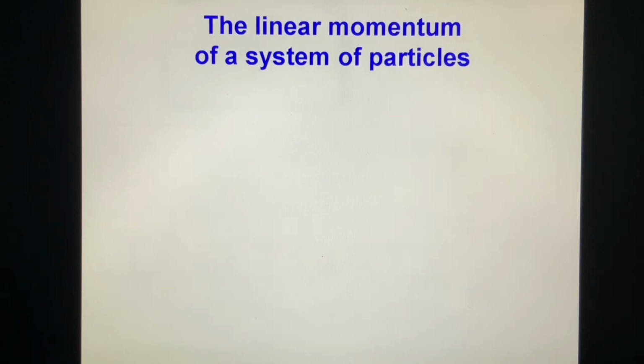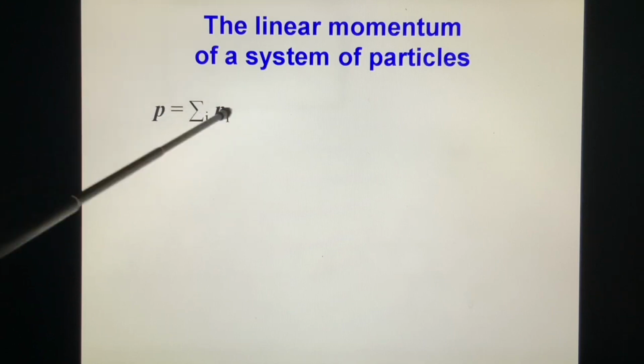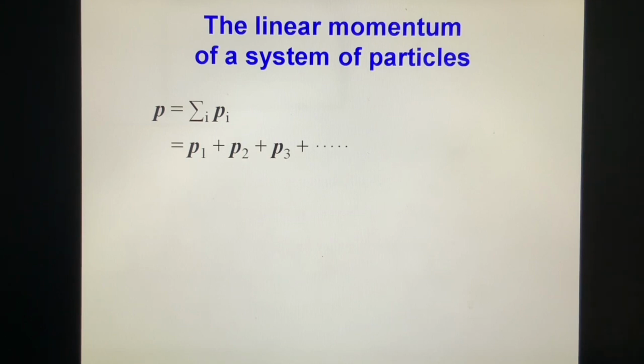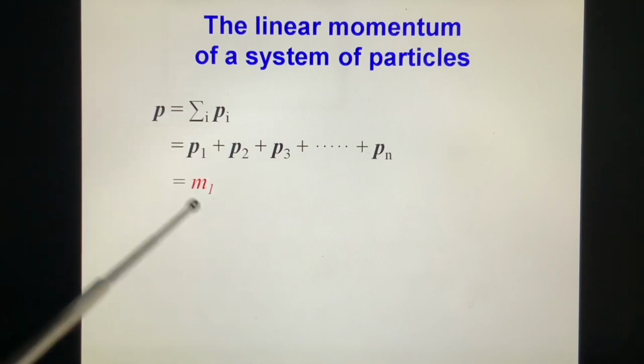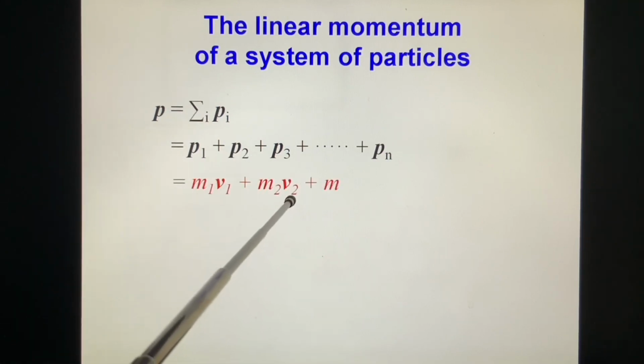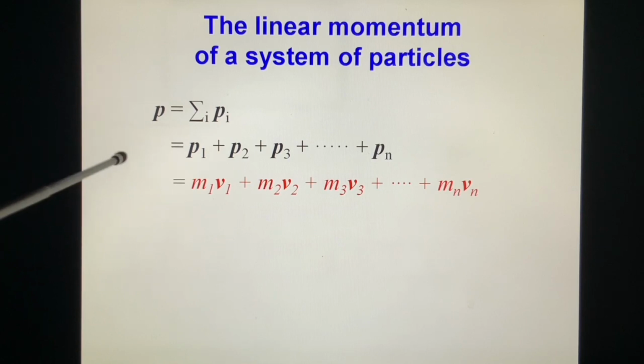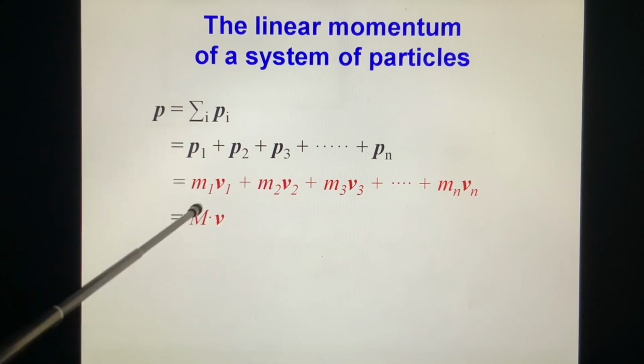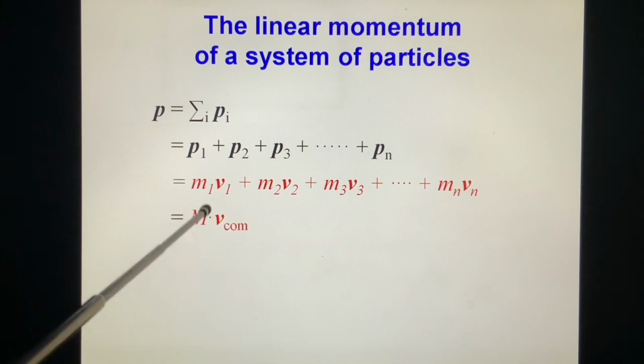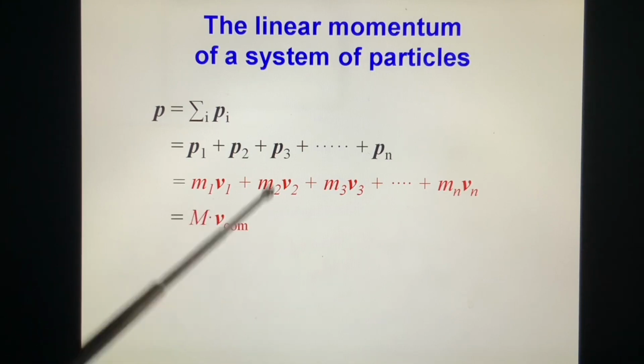The linear momentum of a system of particles: P equals the sum of p_i, for particles 1, 2, 3, 4, 5. Then we write it down. p1 is m1v1, p2 is m2v2, p3 is m3v3, by definition. And this formula seems familiar to us. From the center of mass, we find this is equal to the total mass multiplied by the velocity of the center of mass.